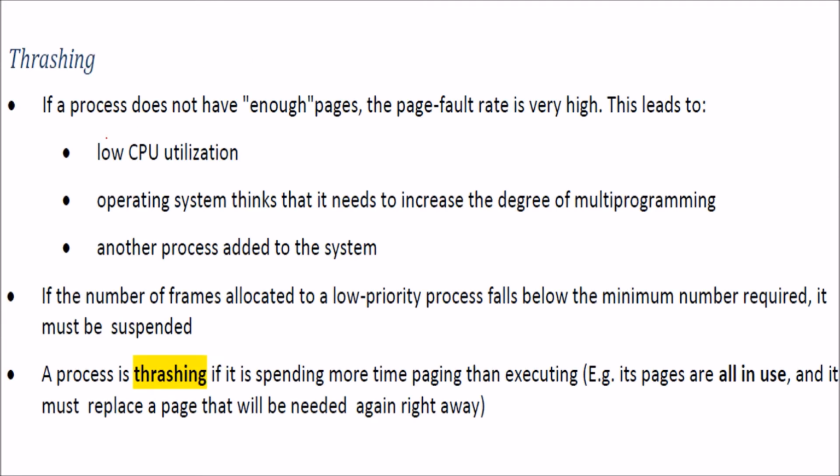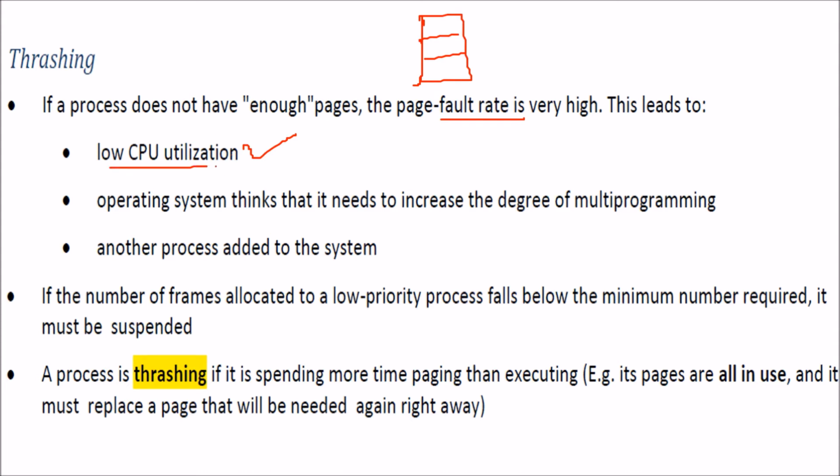Then we have thrashing. What is thrashing? If a process does not have enough pages, there will be page faults. The page fault rate will be quite high, and when it is high, the process will be doing more work swapping out and handling page faults.